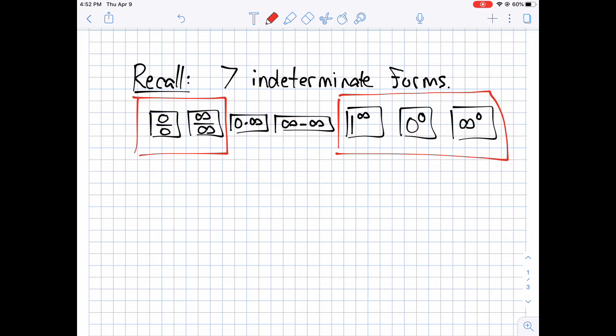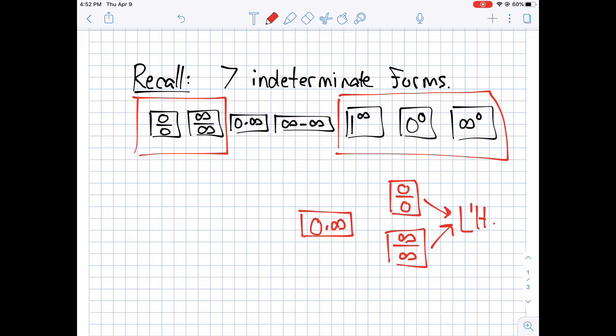If we have 0 over 0 or infinity over infinity, okay, the basic idea is that we can use L'Hopital's rule. Now, if you have 0 times infinity, our goal is going to be to eventually use L'Hopital's rule. However, how do you get there?